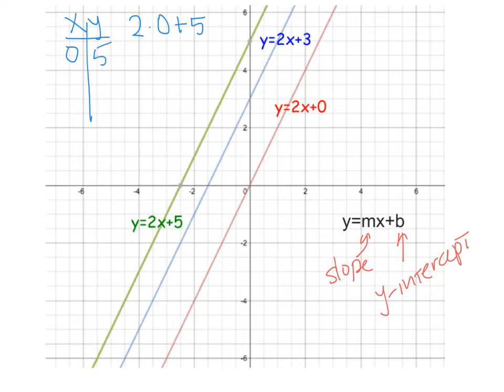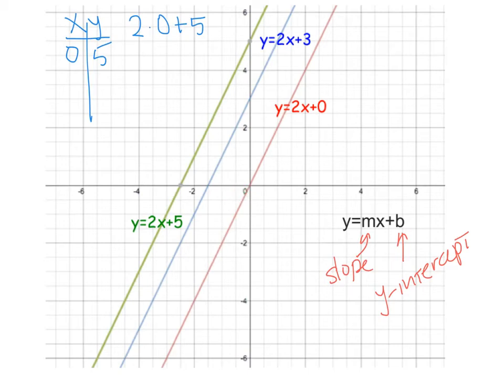So this slope-intercept form is extremely useful because you can just look at the equation and know where it's going to intersect the y-axis. Equivalently, y equals 2x plus 3 is going to intersect the y-axis right there at 0, 3, and y equals 2x plus 0 is of course going to intersect the y-axis at the origin.